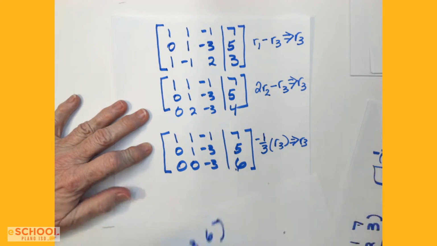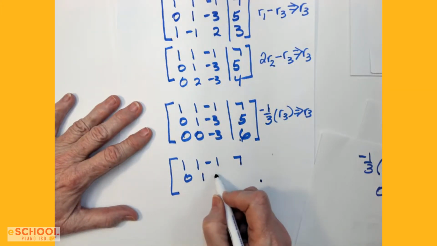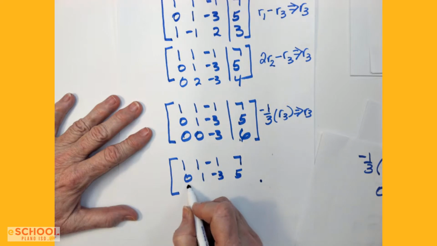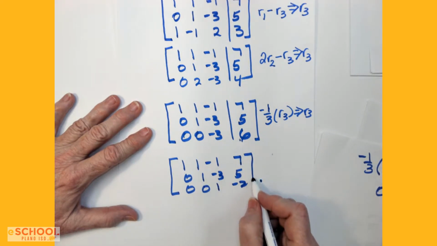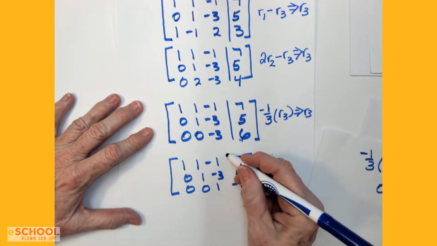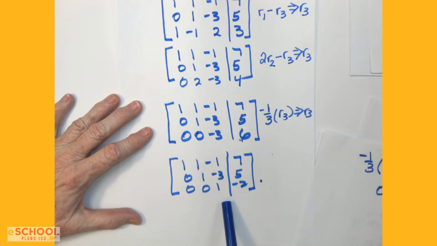Okay, so that's our final row, and it makes our final matrix, which will be 1, 1, negative 1, 7, 0, 1, negative 3, 5, 0, 0, 1, negative 2. So now you can see that our final matrix has 1s all down the diagonal.